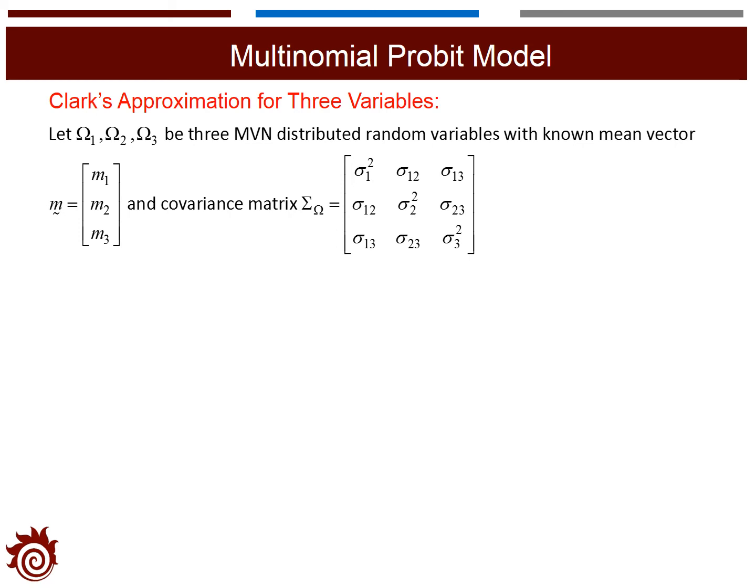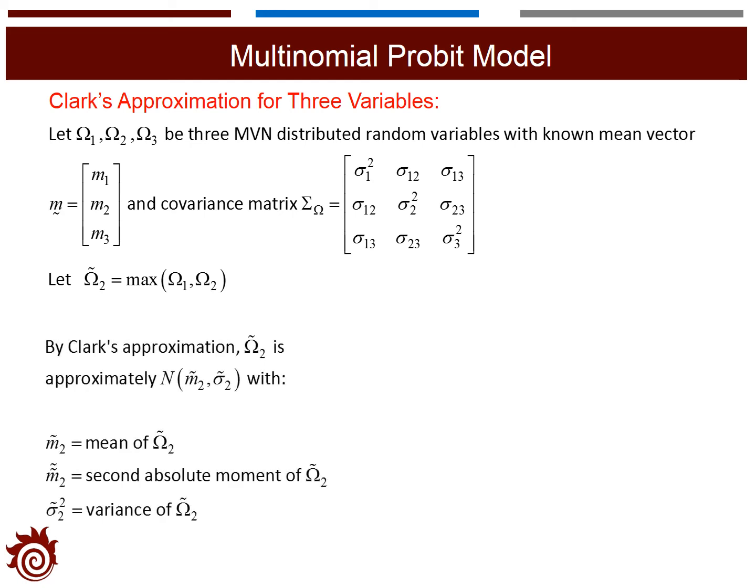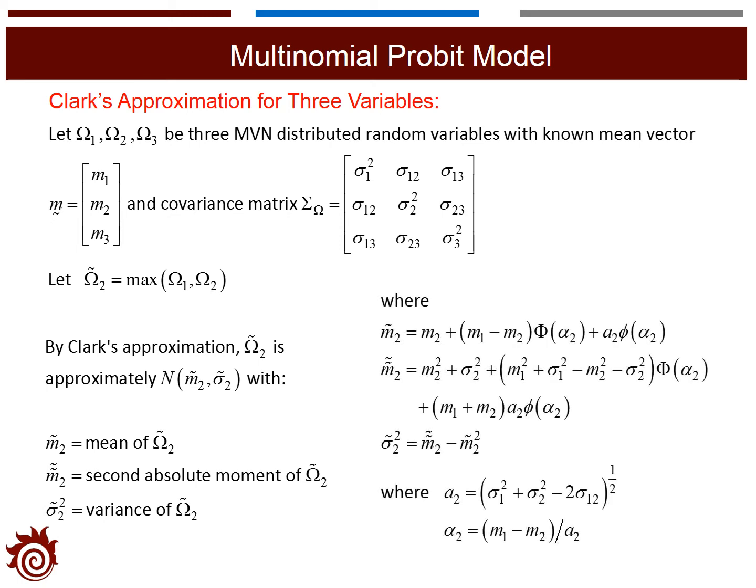We know their mean m and covariance matrix sigma. And let omega 2 tilde be the maximization of omega 1 and omega 2. Then omega 2 tilde is also a normal distribution with the mean m2 tilde and variance sigma 2 tilde. And we can find out the expression to calculate m2 tilde and sigma 2 tilde.